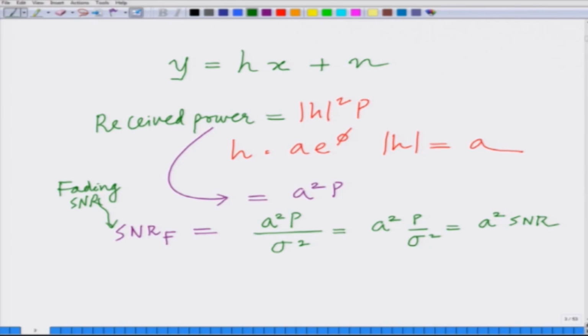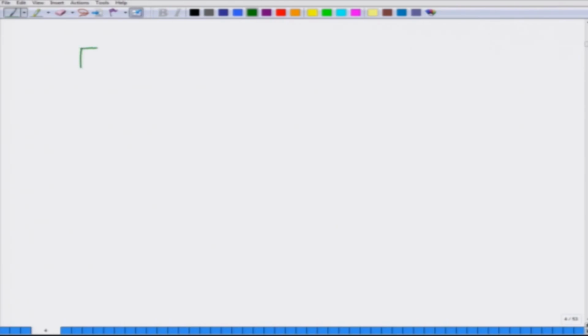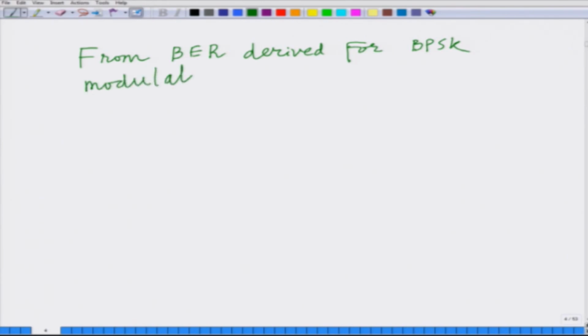And now, as you remember from the bit error rate expression derived for BPSK modulation, what do we have?